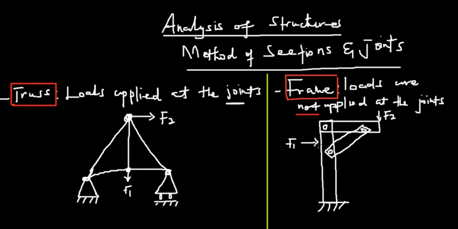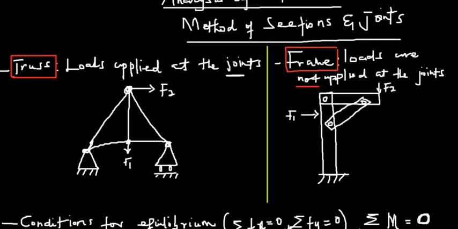There's something like the side of the structure or the back of the structure, and this at the top of the structure. That's where the loads are being applied. They are not applied at the joint. So from here we could notice that you've been able to understand the concept of what truss and frames are. Right, so let's proceed.